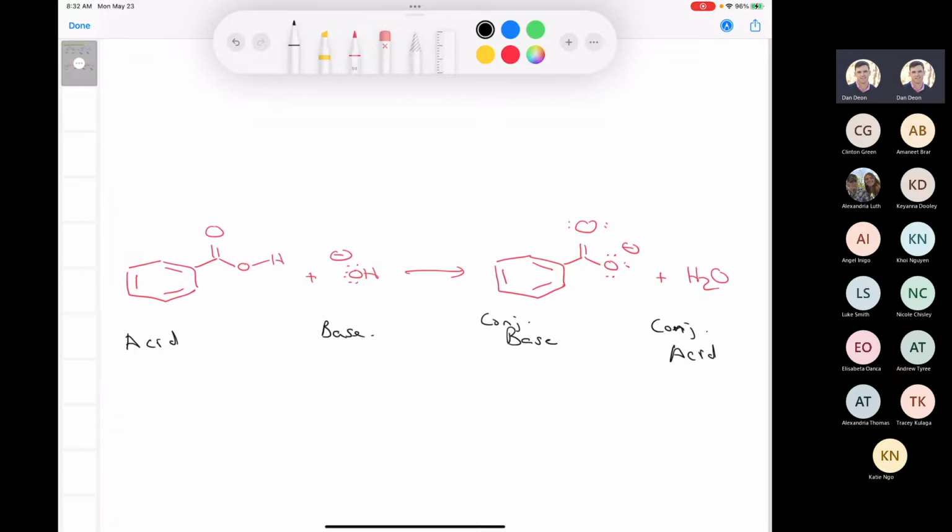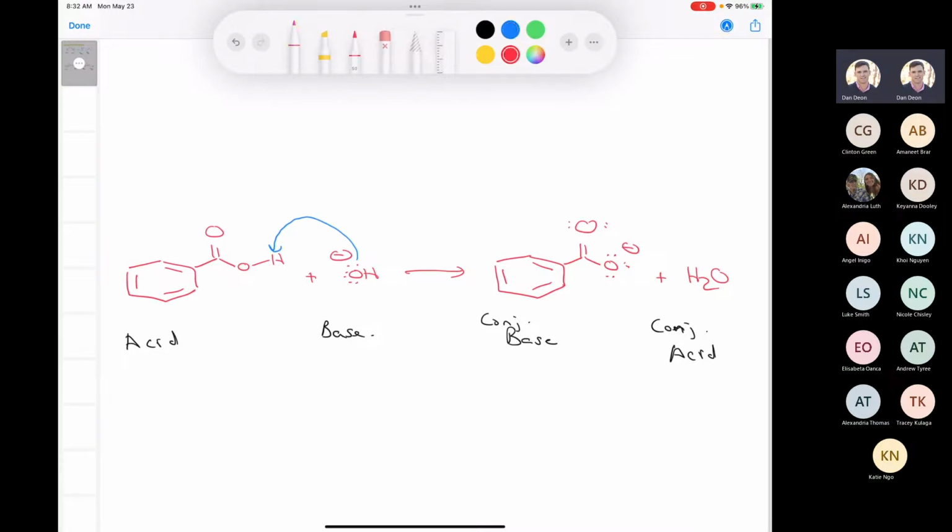So what's going to happen is the base is going to attack the acid. You can see that this proton is not here anymore. So that's the proton that gets transferred over to the water molecule. Well, let's do it. Let's start with putting a curved arrow. We start from a pair of electrons on the hydroxide, and it's going to attack the proton on the acid.